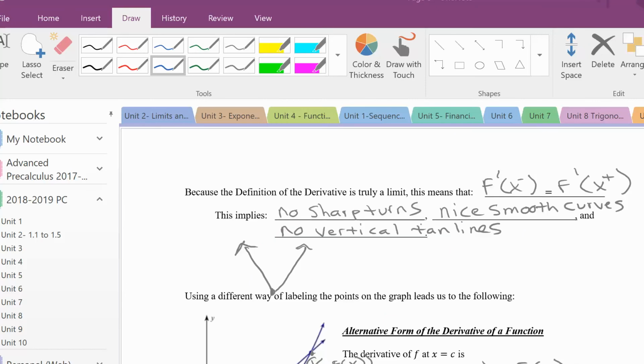If we go back to page 3 of our notes, remember, this implies no sharp turns, because the derivative from the left would have to equal the derivative from the right in order to have it differentiable at negative 3 and to have a slope there. And notice from the left and the right, the derivatives are different.